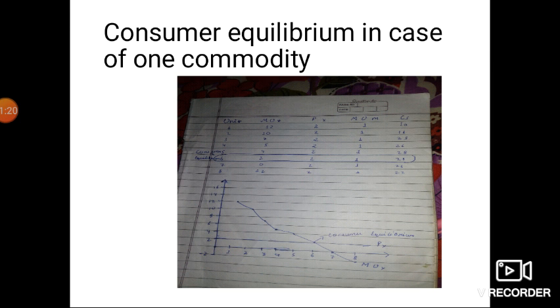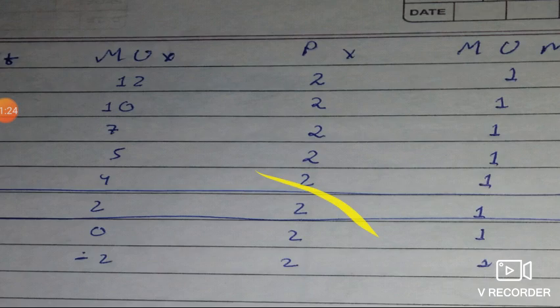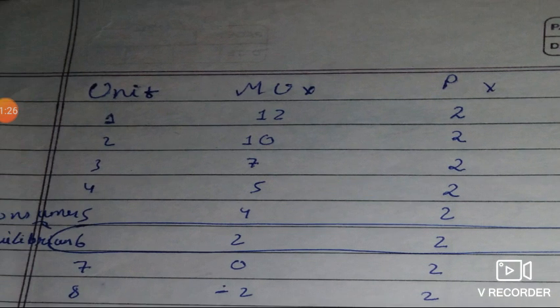Now let us take an example of this. First of all, you will see the number of units. Suppose a consumer consumes the first unit of a golgappa. The marginal utility obtained from the X commodity, denoted by MUX, is assumed to be 12, and the price PX of each unit is rupees 2.